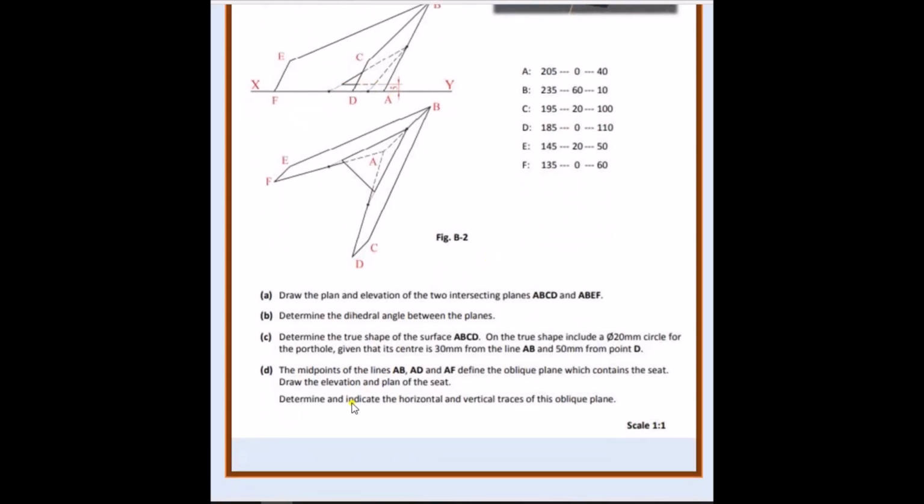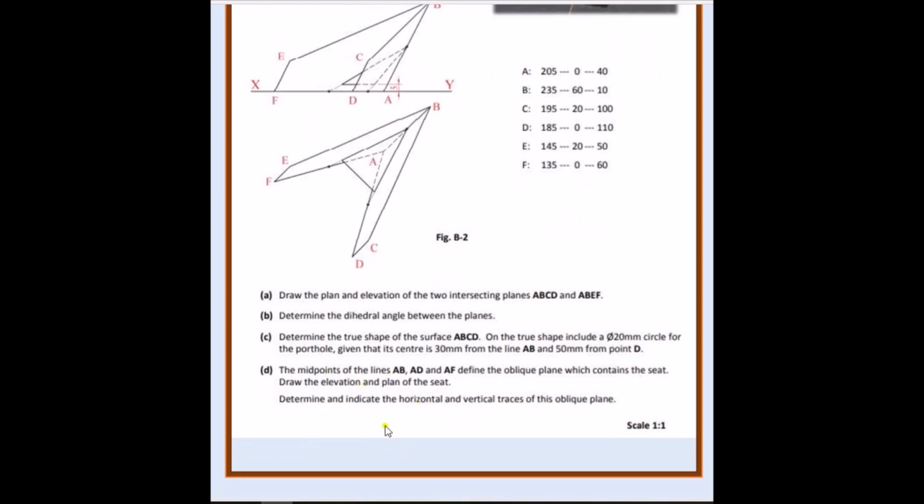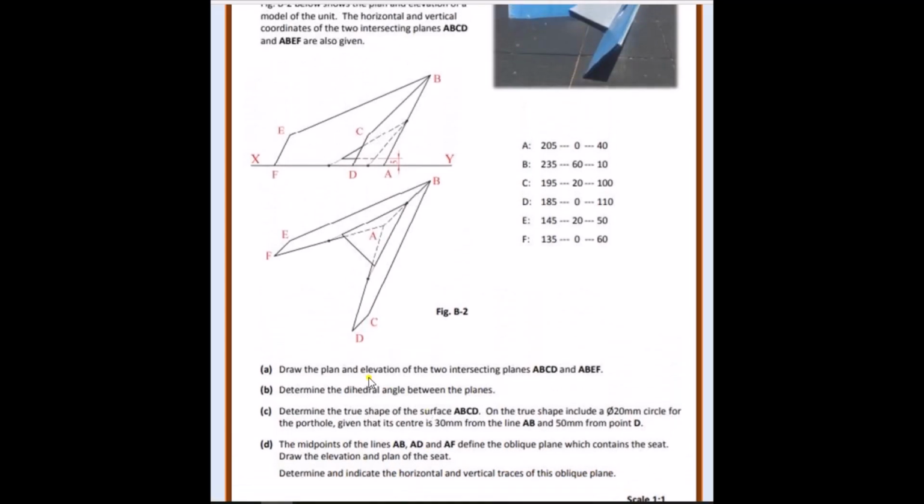Now the last part of this question, that some students do not see and it costs them a few marks, is determine and indicate the horizontal and vertical traces of the oblique plane. That's for this section of the seat here. What we should know is they've extended this line here onto the ground, so this here is a point on the ground.